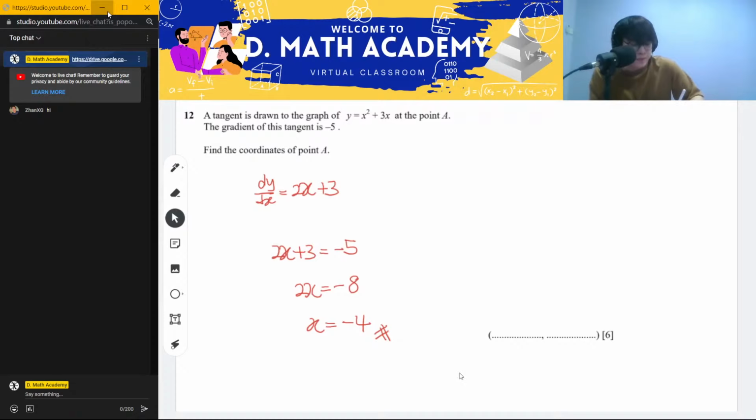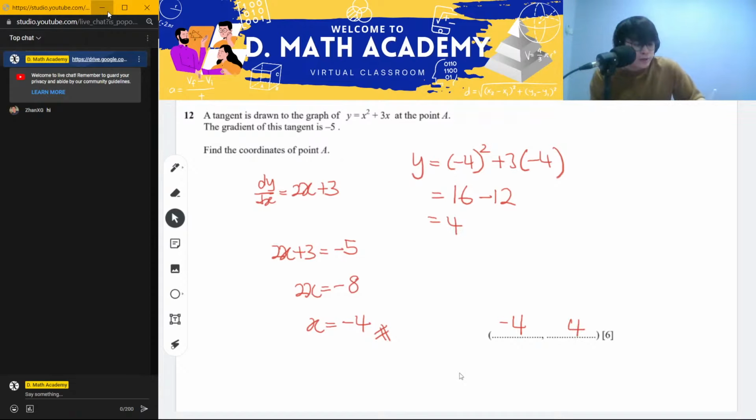So your x is -4, and they are asking for the exact coordinates, which means you need to substitute this -4 into x squared plus 3x in your calculator. So it goes 16 minus 12, and you end up with 4 at the end. That's how you identify this question.